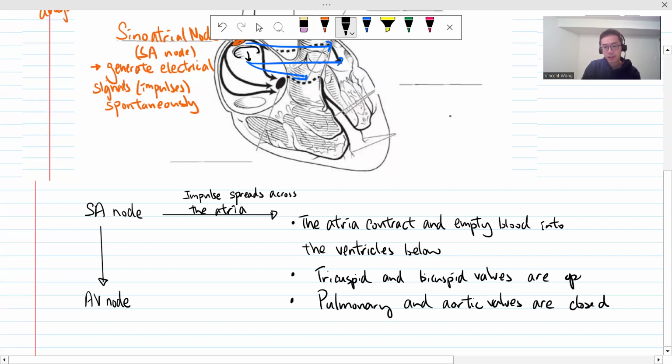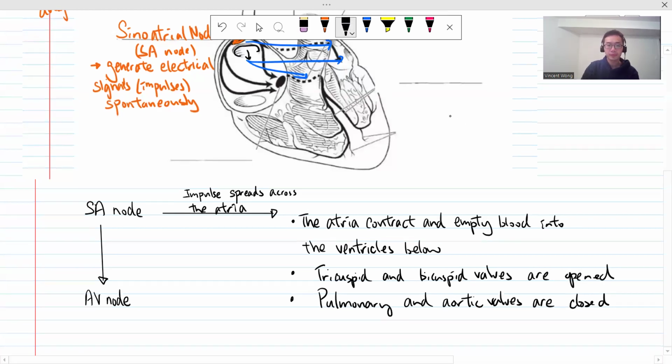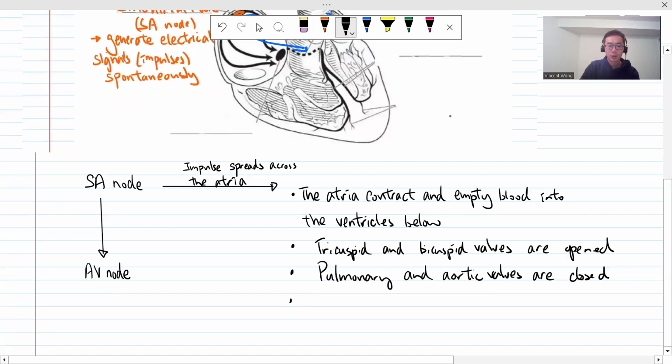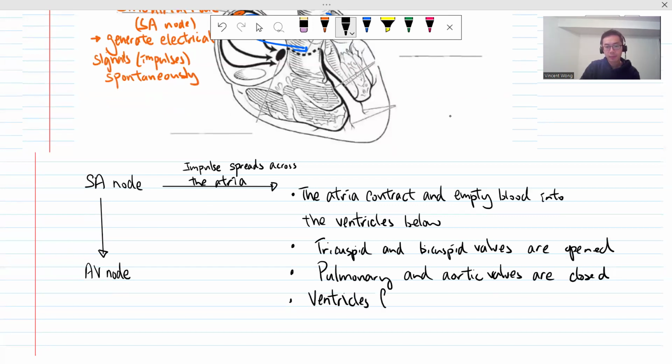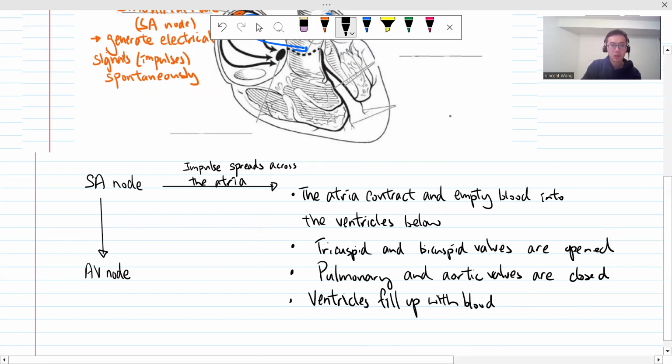So the ventricles fill up with blood. So all these things are happening when the signal is traveling down to the AV node.